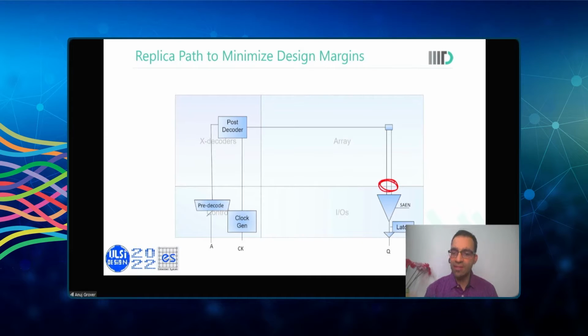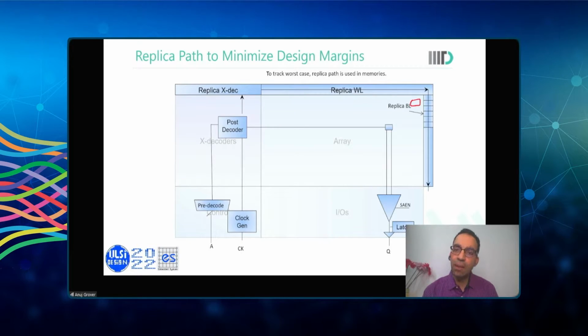What that means is that we need to somehow track the worst case cells. This cell would probably be selected last in terms of word line selection and would have the longest delay before SAN arrives. So we add what is called a replica path to track the worst case.